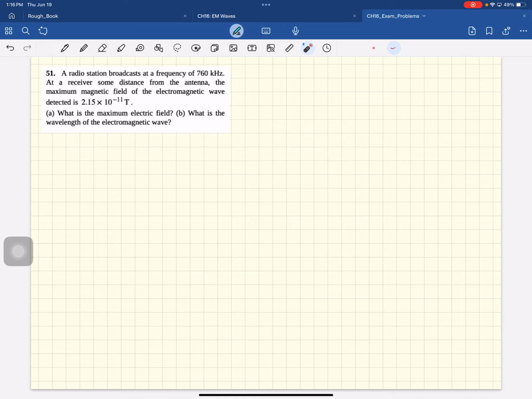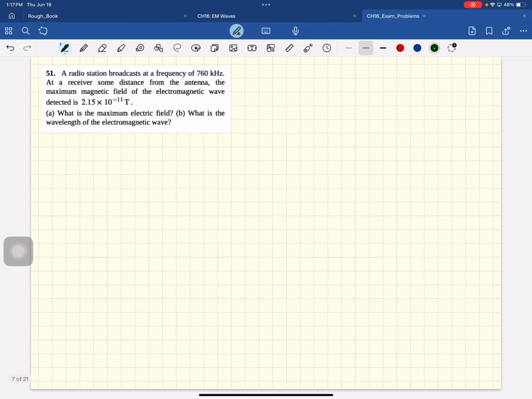About 10 to the minus 5. So this is about 1,000,000 times weaker. But so how do you detect it? Well, this is oscillating. The Earth's magnetic field is constant. So you're looking for the oscillating part.